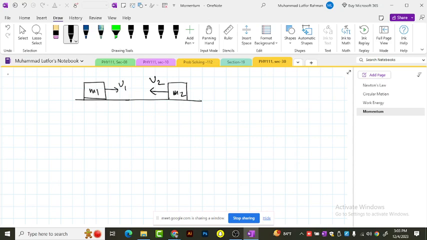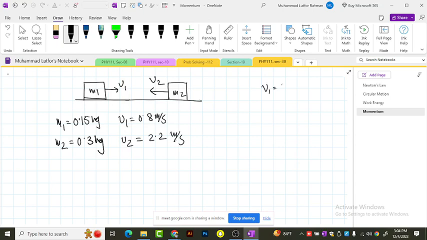This is given: M1 is 0.15 kg, M2 is 0.3 kg, V1 is 0.8 meter per second, V2 is 2.2 meter per second. Now after the impact, I am to find out what their velocities should be, or which direction they will move.